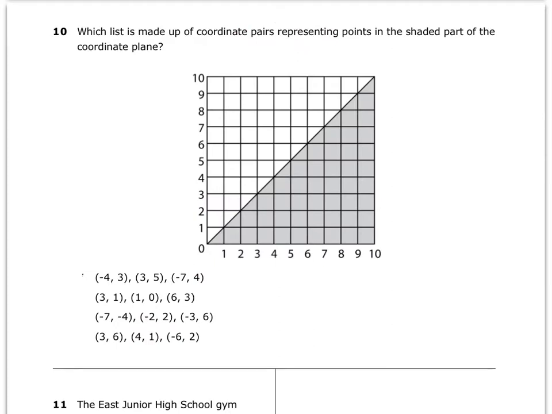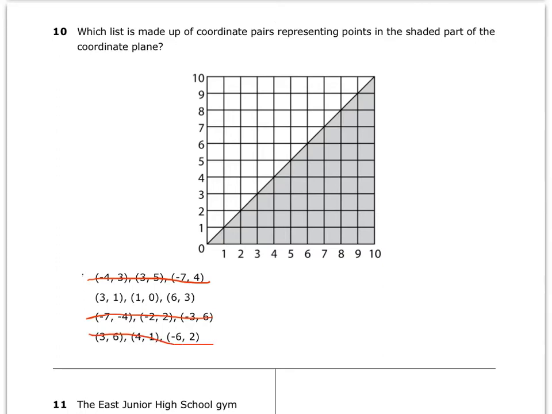Number 10. It says, which of these coordinate pairs represents points in the shaded part of the coordinate plane? Alright, this is one that you haven't seen before. I put it on here because it's so easy. Let's look at the first pair, or the first group. -4 and 3. Can I graph that? No, there's no negatives. Which means if there's no negatives, I can't graph this one. I can't graph this one.